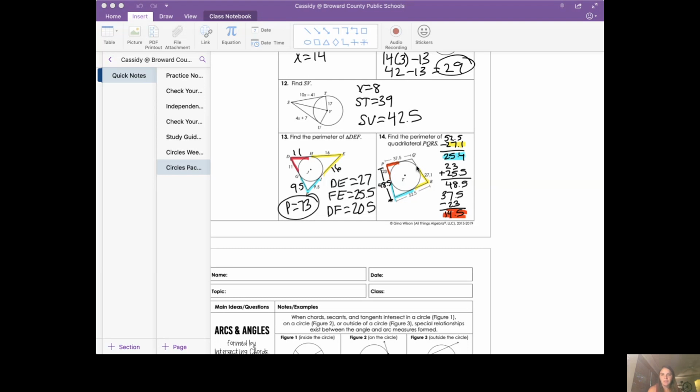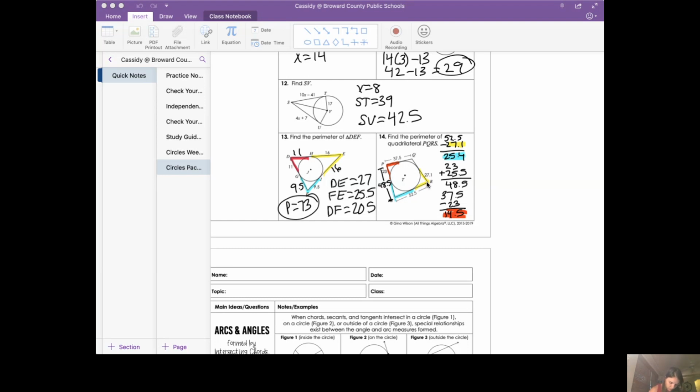Last we need to find this right here. If the red part is 14.5, all we need to do is 37.5 minus that 14.5. That'll give us that last piece.